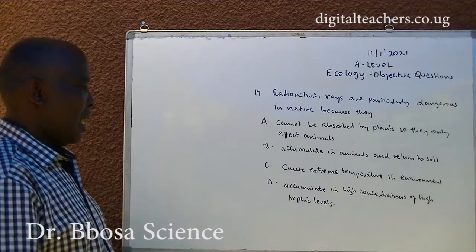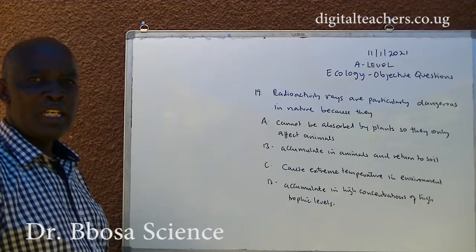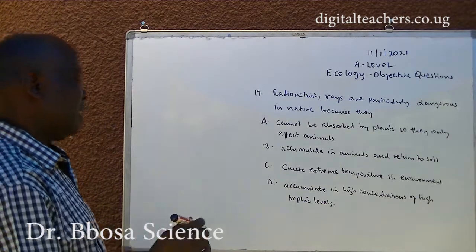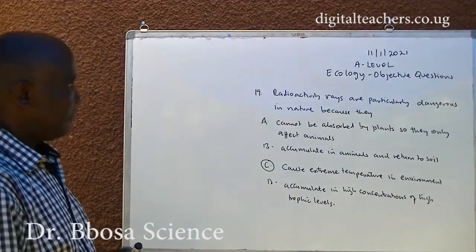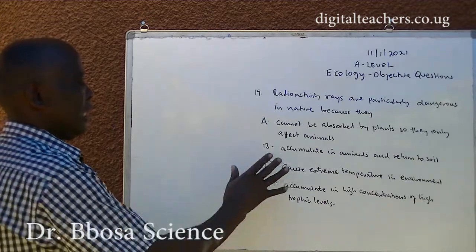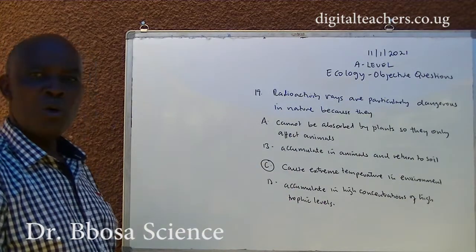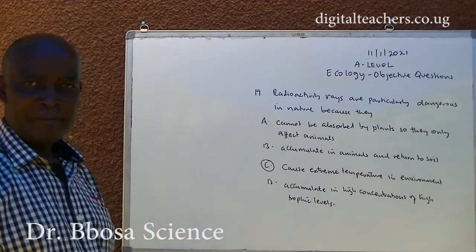D. accumulate in high concentration at high trophic levels. You can pause and answer. The answer is C. Radioactivity rays are not stored, so they cannot accumulate in animals or in higher trophic levels.